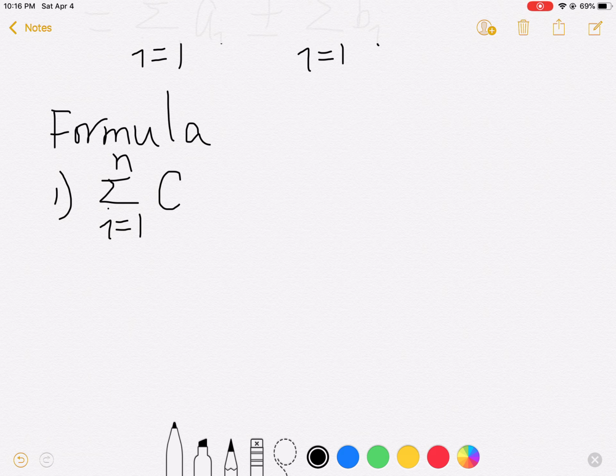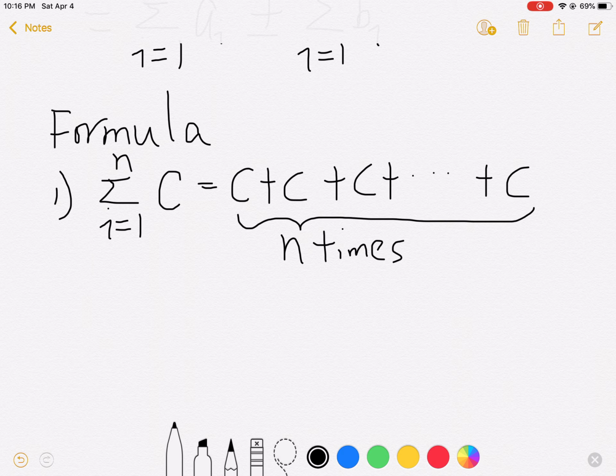That means c plus c plus c plus c. When i equals 1, it is equal to c; i equals 2, it is still equal to c. So we have n c's, n times, so it is equal to n times c.